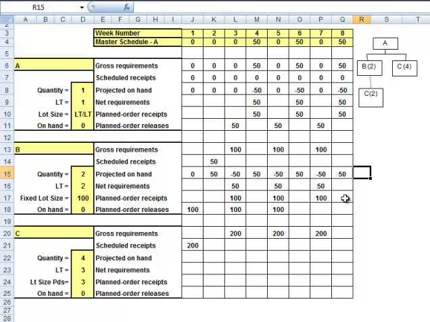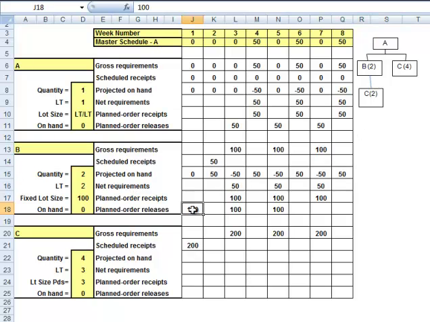Now I can take the results of part B and I can calculate the remaining dependent demand requirements for part C. So in order to make 1 B, it requires 2 C's.